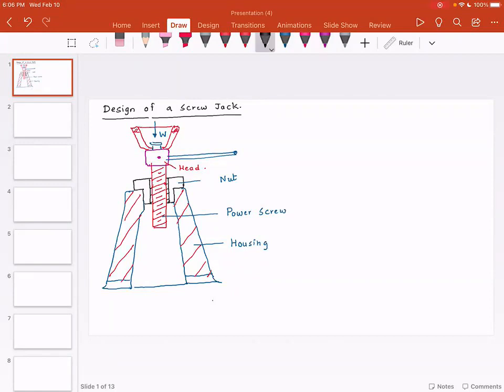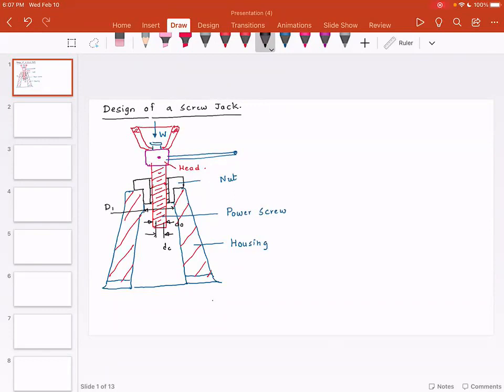So what I'm going to do is indicate the important dimensions. For the screw, there will be something called the core diameter or the inner diameter. Then there is going to be an outer diameter, which is DO. Then you will have a diameter of the nut, and I'm going to call that nut diameter D1.